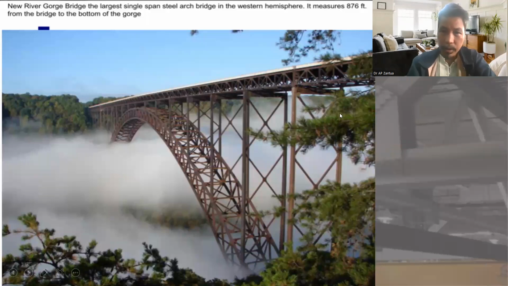It measures 876 feet from the bridge to the bottom of the gorge. That's how high it is. It is higher than the clouds, as you can see in this actual picture.